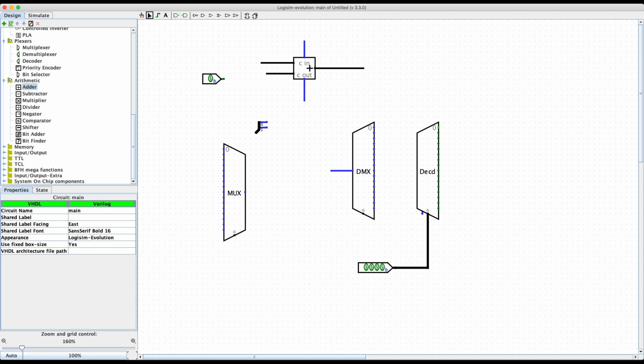Well, no clock. The clock would determine whether or not I read or write that information, but just computing it is clockless. So possibly I have a carry from the previous bit position. That's up at the top. And I have a carry that I need to output to the next bit position. That's at the bottom.